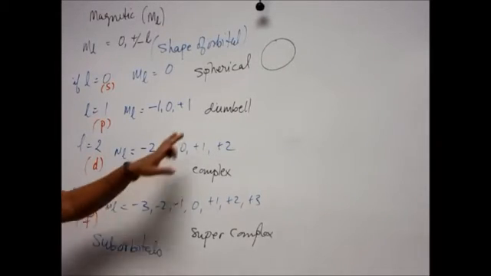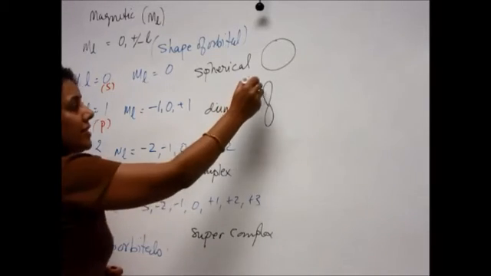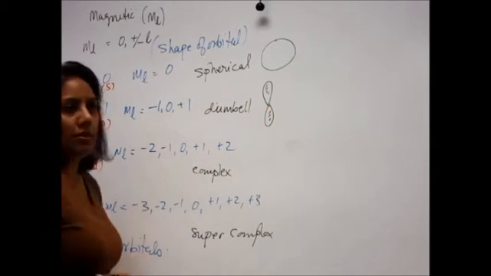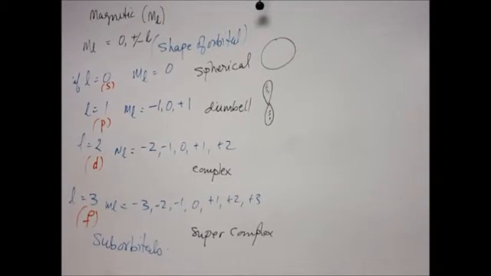In a dumbbell shape, this is what you have. These are the regions where you find the electron, and the node is in the middle. That's where you don't find an electron. So this gives us a general region of where you can find the electron. This was the wave function that I was talking to you about. It gives you an idea of where the electrons will be located.